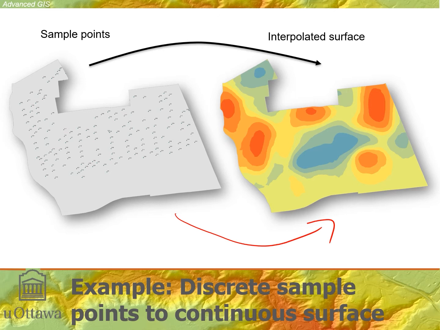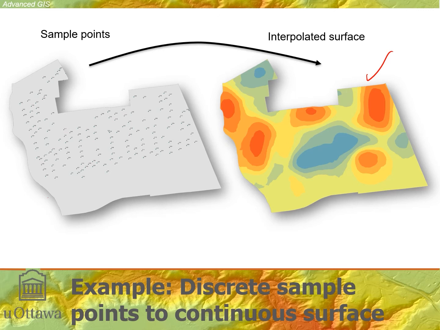In this case, blue values are low and red values are high, and everything in between is a shade of blue, yellow, or orange. And so going from that sample space to a continuous representation on the right is a spatial interpolation.